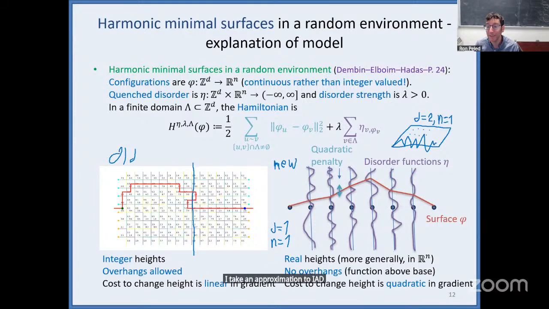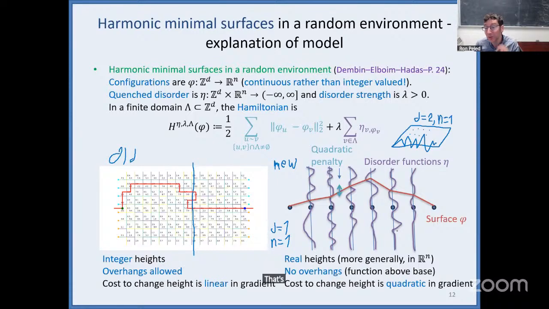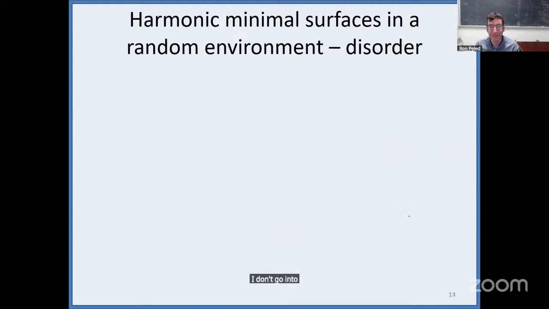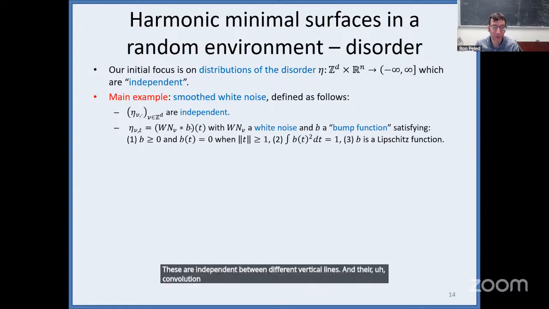I take them to be a regularized white noise. Regularized white noise is a function, say, convolved with some smooth bump. That's a nice function, which is kind of IID-ish. I don't go into many details on that, but we see smoothed white noise. These are independent between different vertical lines, and they are the convolution of white noise with the bump.